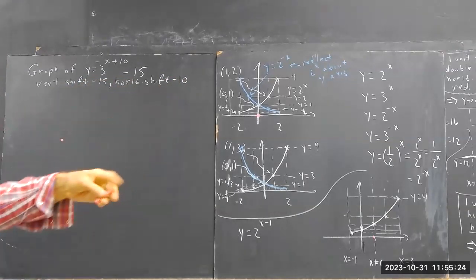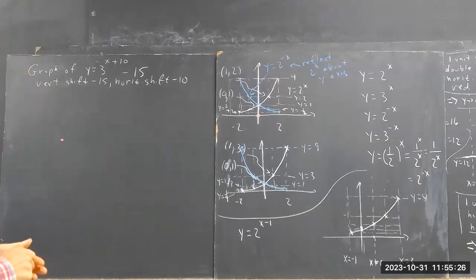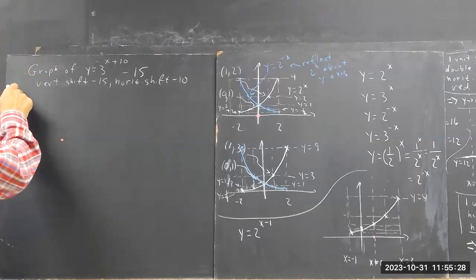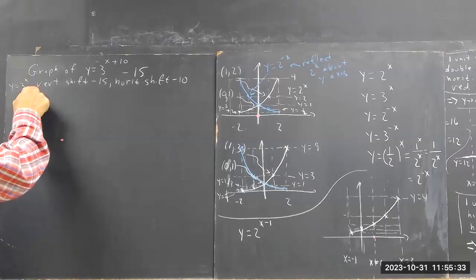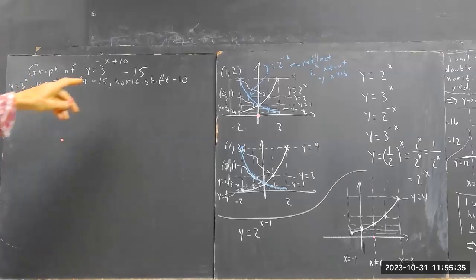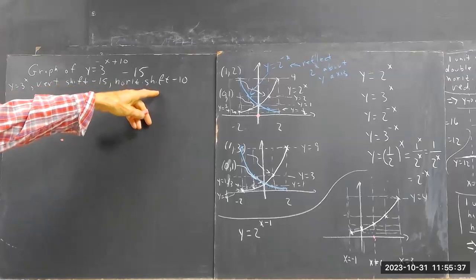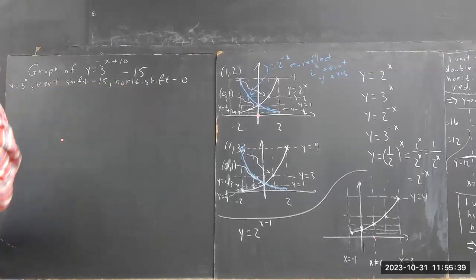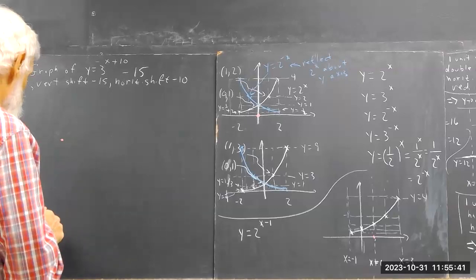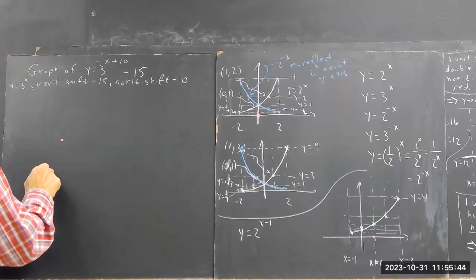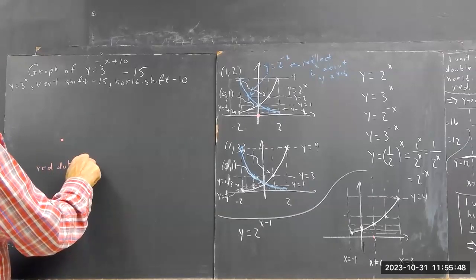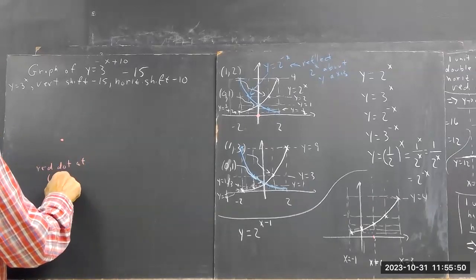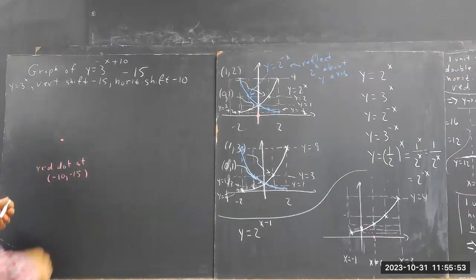The horizontal shift will be negative 10. And it's the y equals 3 to the x, vertically shifted 15 units down, horizontally shifted 10 units to the left. So the red dot would be negative 10, negative 15.